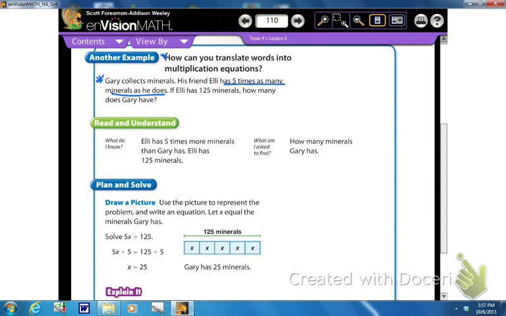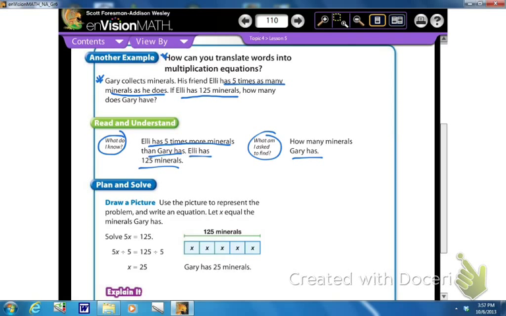If Eli has 125 minerals, how many does Gary have? Okay, so let's look at first, what do you know? Well, you know that Eli has 5 times more minerals than Gary, and that he has 125 minerals. The question is, how many minerals does Gary have? So they want you to draw a picture to represent this problem.